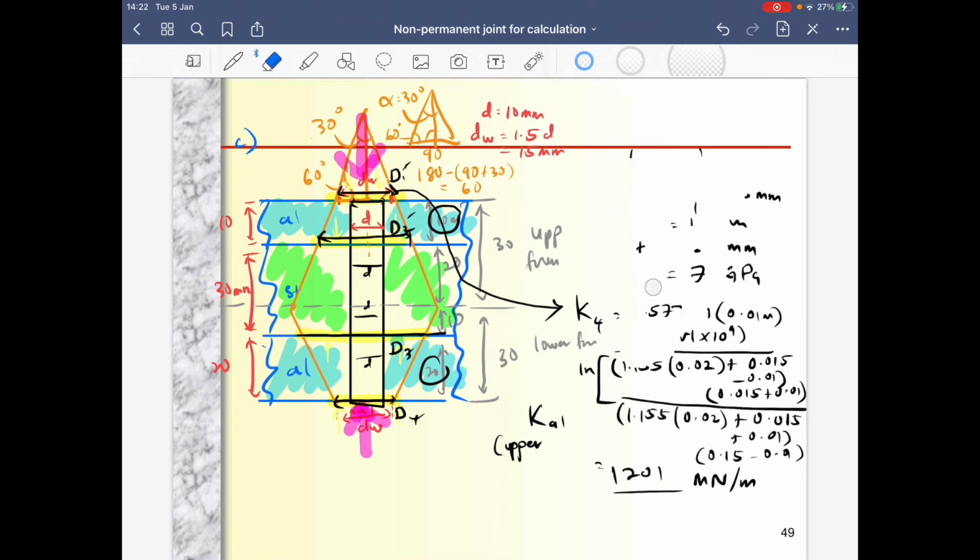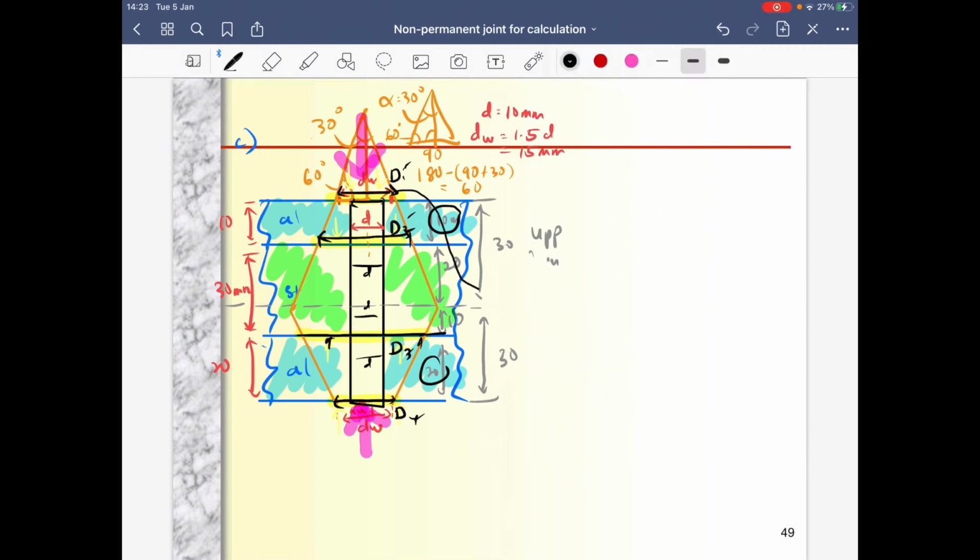Okay, similarly, we do it for K3. At this D3, which is at the lower frustum for steel, the small d is again 10 mm. D we don't know, so we use exactly the same analysis like for D2.